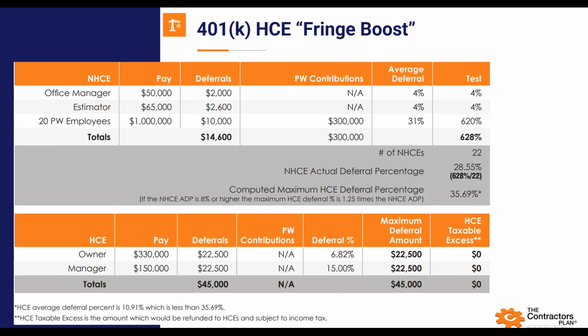And so if the employees themselves don't defer, then the owners can't defer, and it's almost like, why even put in place a plan? But in this scenario, we're now using $300,000 of prevailing wage contributions. We're now able to maximize up to the legal maximum of $22,500 the highly compensated employees, the owner and manager, for their own plan.